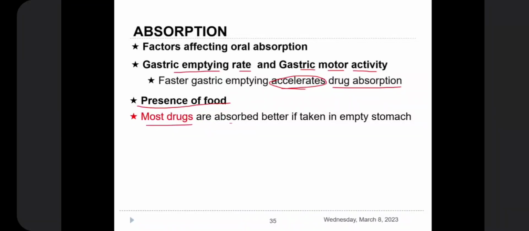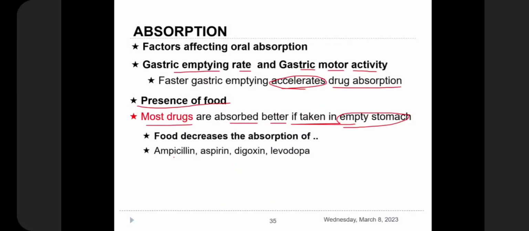Most drugs are absorbed better if taken on an empty stomach. That means the presence of food will slow down the absorption of drugs. Food will decrease the absorption of ampicillin, aspirin, digoxin, and levodopa.